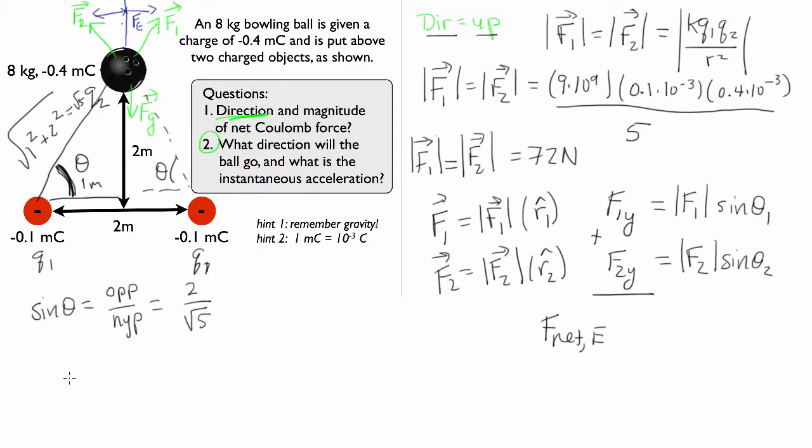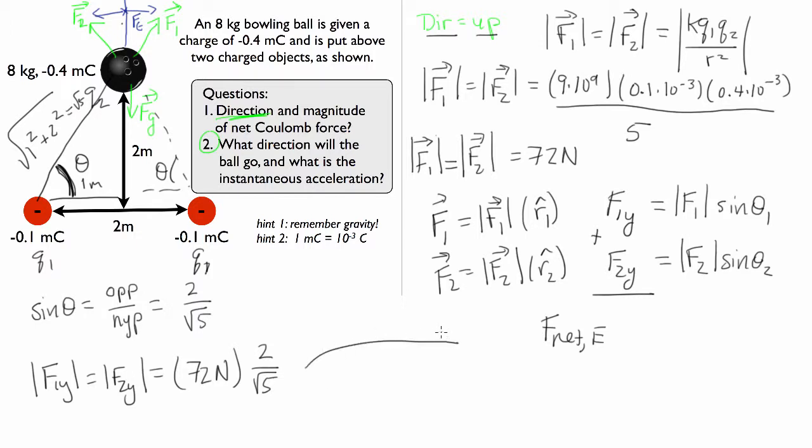And so in both cases, F1y and F2y are going to be equal to 72 newtons times the sine of theta, which is 2 over root 5.